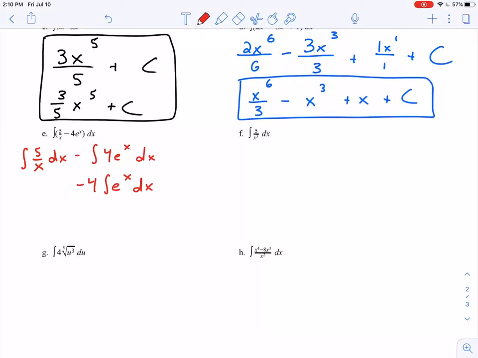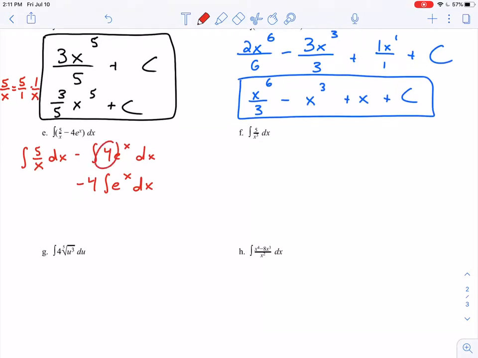When I say 5 over x, I can split that apart and say 5 over 1 times 1 over x. So, just like I did with this 4, I can take this 5 and factor it to the front of my integral. I can say that this is 5 times the indefinite integral of 1 over x dx.